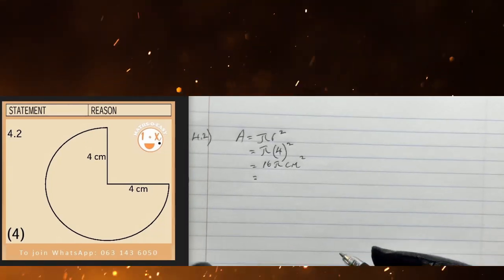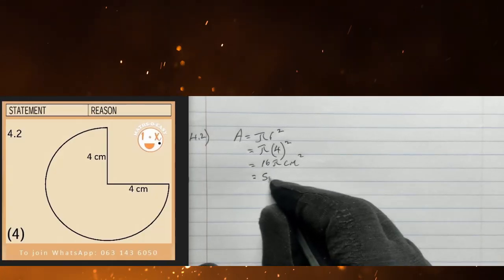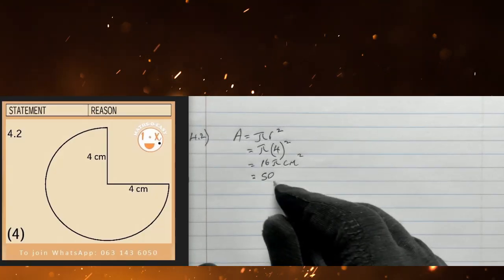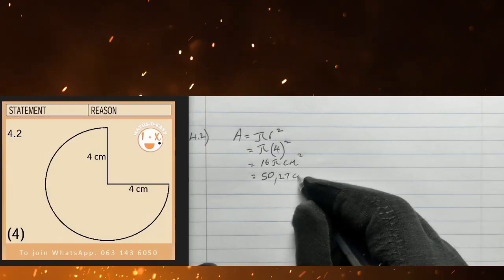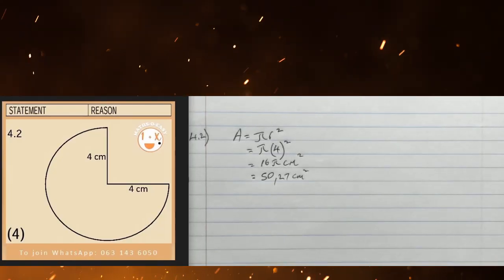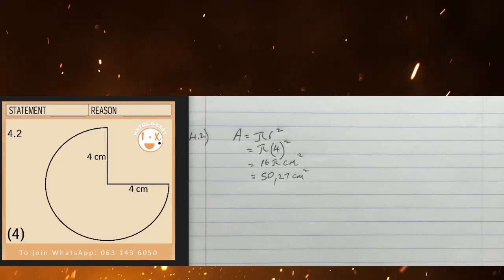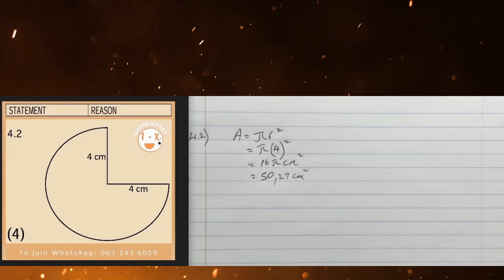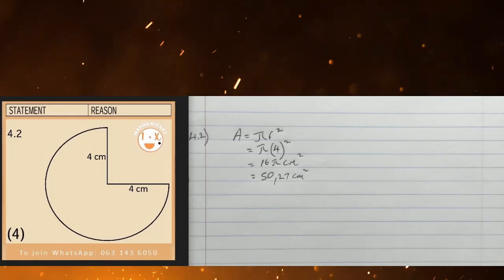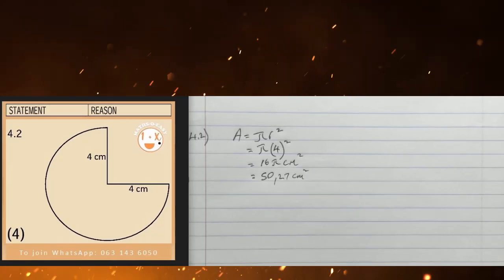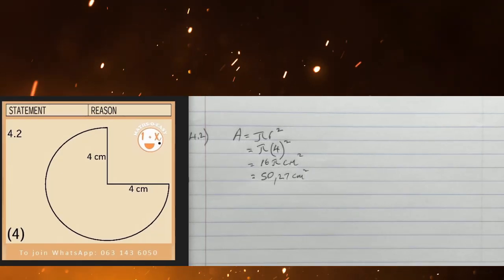So it means my full area is 50.27 centimeters squared. This would be if I have a complete circle.